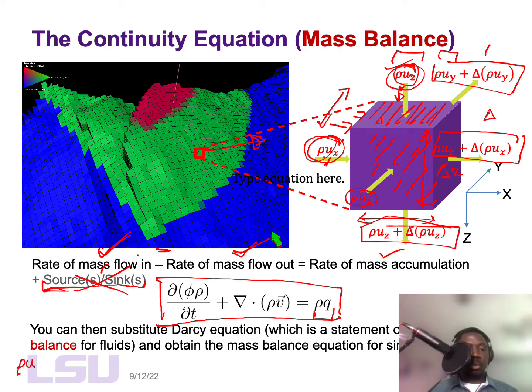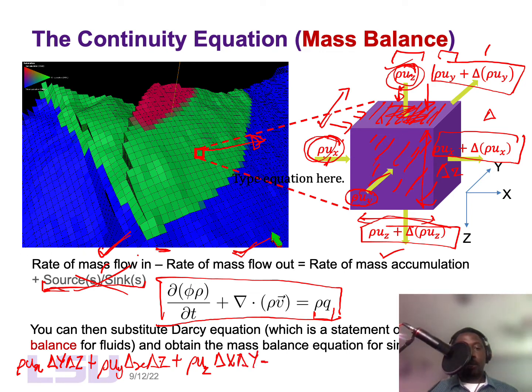So rho u x, what's the area of that face of the u x area? It's delta y delta z, plus in the y direction, and that is this face, which is delta x times delta z, plus rho u z, the last one, and where's the z direction going down, so this face is delta x, delta y.